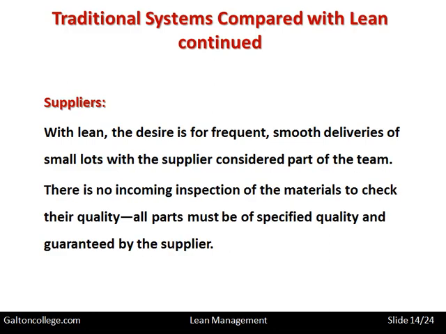There is no incoming inspection of the materials to check their quality. All parts must be of specified quality and guaranteed by the supplier. There's no waste in checking the receipts of the goods. When they arrive, they go straight into production. If the goods are not of good quality, that supplier will be in trouble.